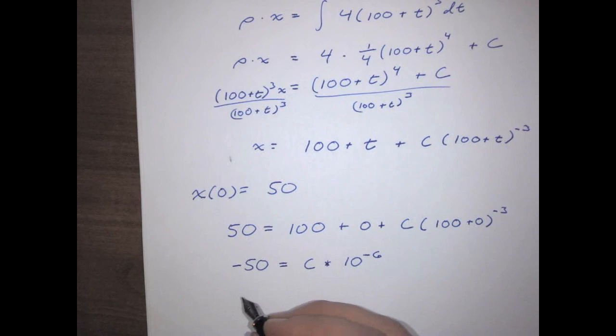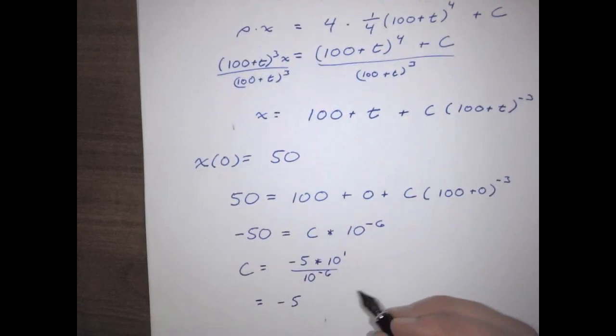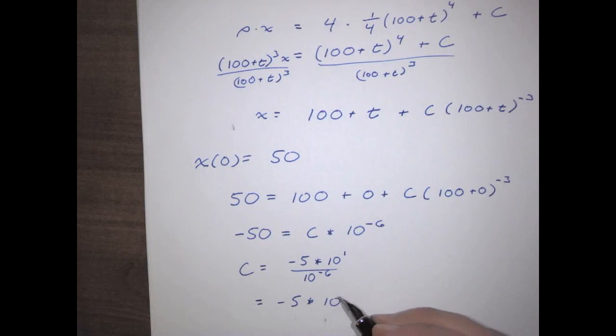And so that means c is going to equal negative 5 times 10 to the 1 divided by 10 to the negative 6, which is going to equal negative 5 times 10 to the 7th.